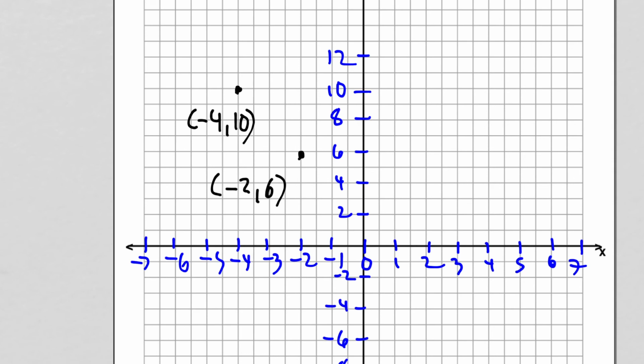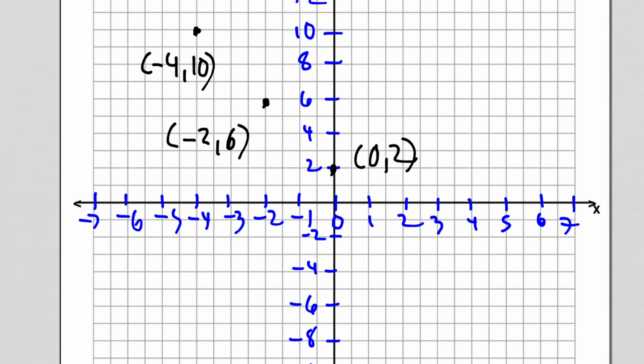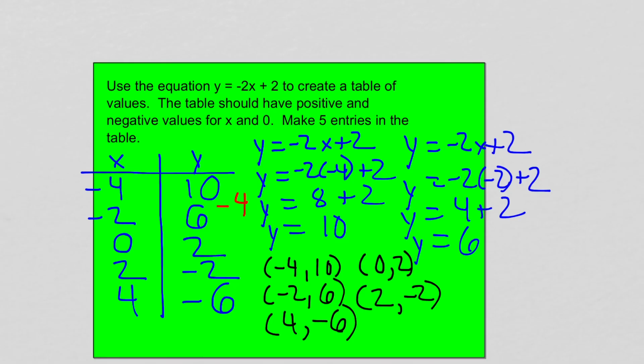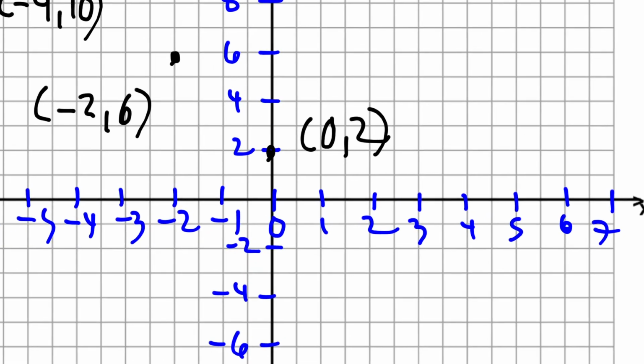The next one is 0, 2. So 0 right here and 2 right there. 0, 2. And the next one is 2, -2. So across 2 and down 2 right there. 2, -2.